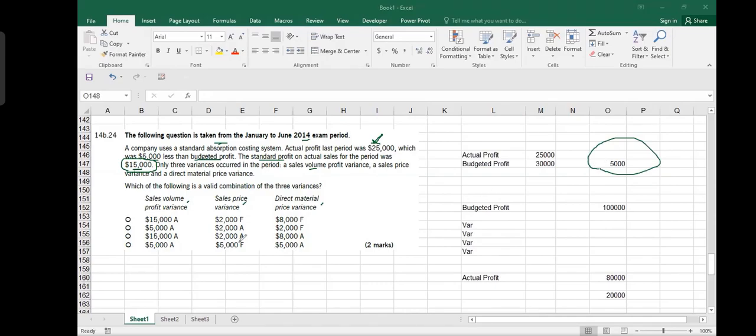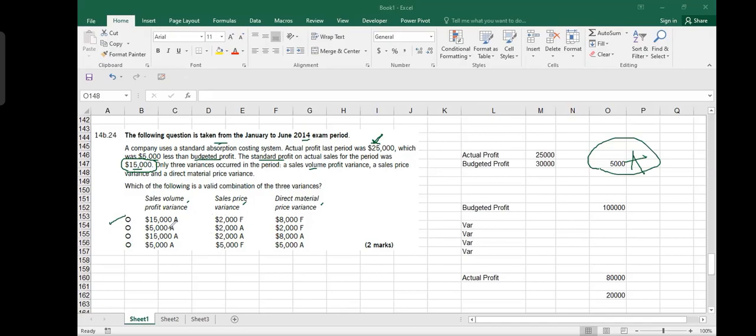Now, if I make the sum total, it is 15 adverse, 2 favorable, 8 favorable, 8 plus 2, 10, and it is 5 adverse. So this is coming 5,000 adverse. So this could be my answer. I'm not saying this is the answer, but it is giving me 5,000 adverse. I am looking for 5,000 adverse.